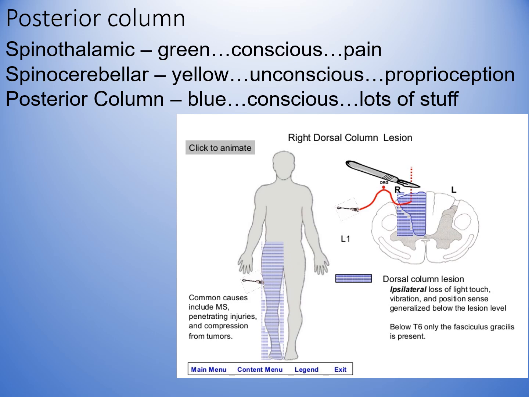And look at the type of symptoms that the person feels when they have damage to this posterior column. Loss of light touch, vibration, position sense, generalized sensation, right? They have lots of issues with carrying this type of information to their brain.